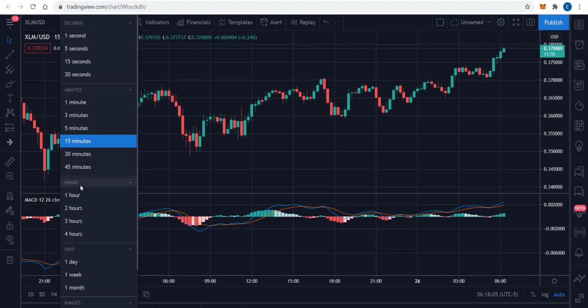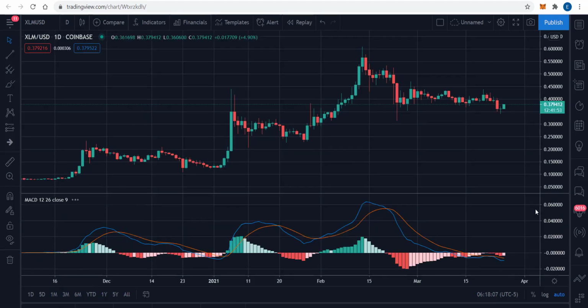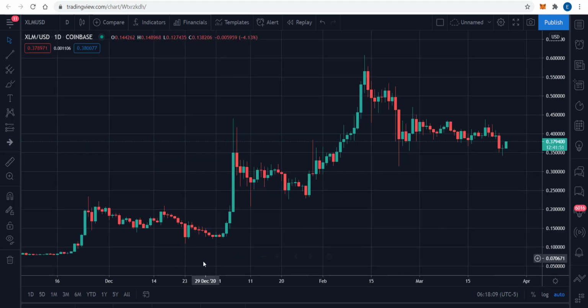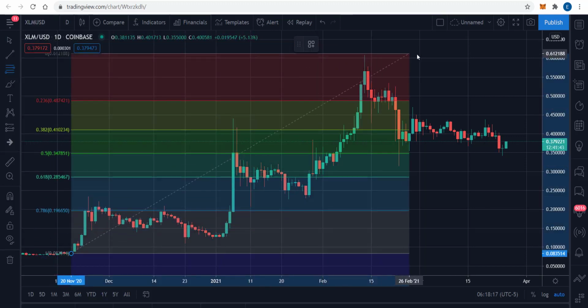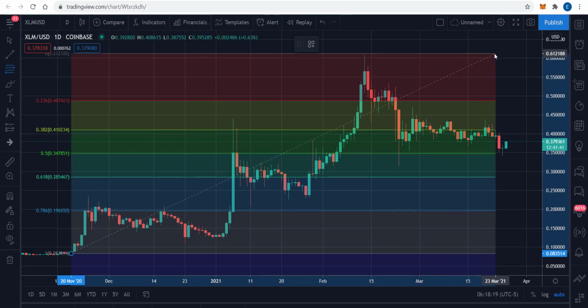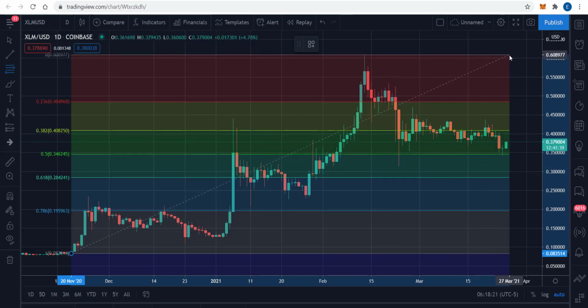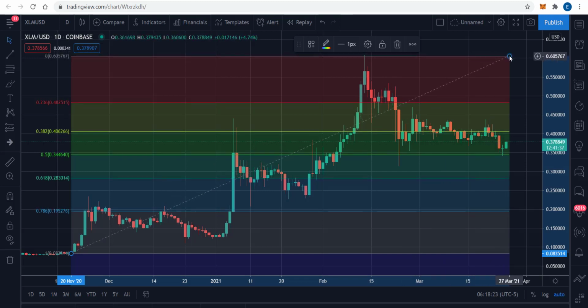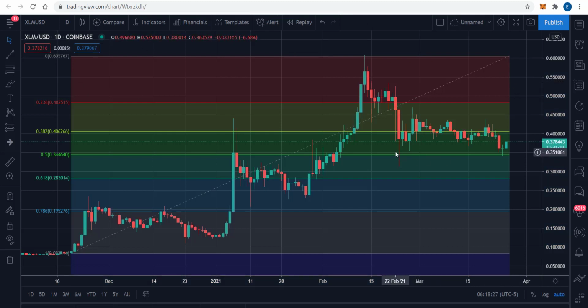Let's pull it back to the 1 day because this whole time I have wanted to do a big old Fibonacci retracement on this larger move. So let's do it and just see where we sit right now with this cryptocurrency. So we have the tippy top down to this previous large up move.